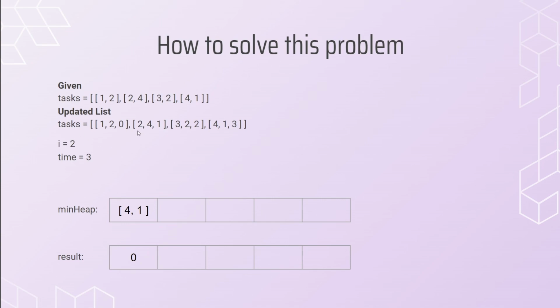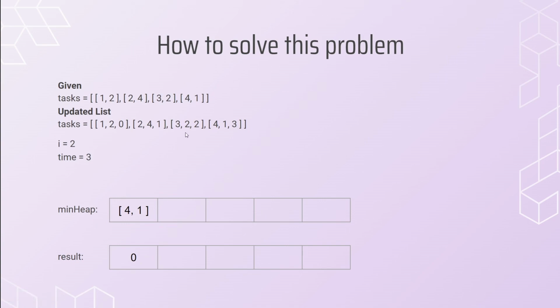And now we check if the time, which is 3, is greater than or equal to the time at the ith index. So the ith index is 2, and the value here is 3. So 3 is equal to 3, and it's greater than or equal to, so we know that 2 and 2 also get appended inside of min heap.